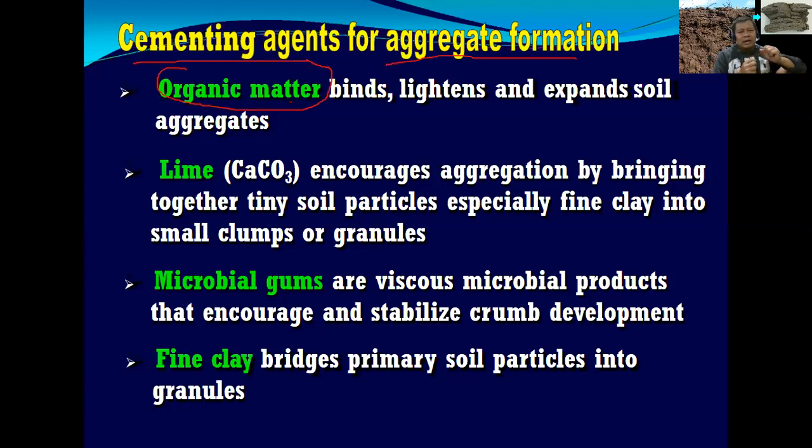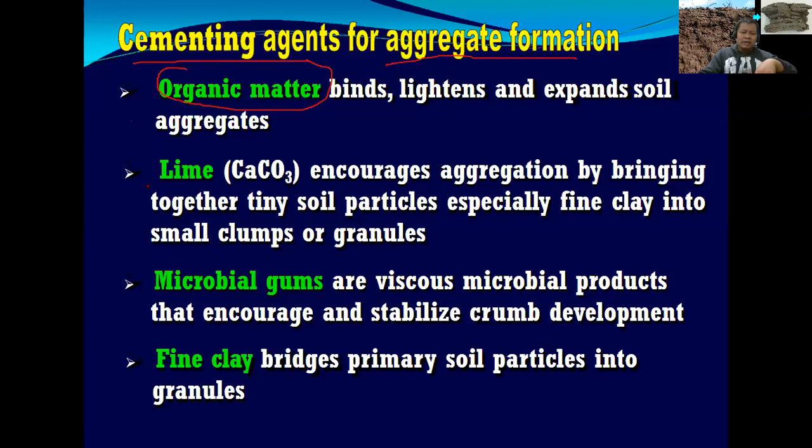In the presence of organic matter, organic matter would be able to bind between sand and clay particles or sand and silt particles, para mag-kumpol sila, mag-form sila into aggregates, no? Organic matter is an example of the cementing agents or aggregating agents.